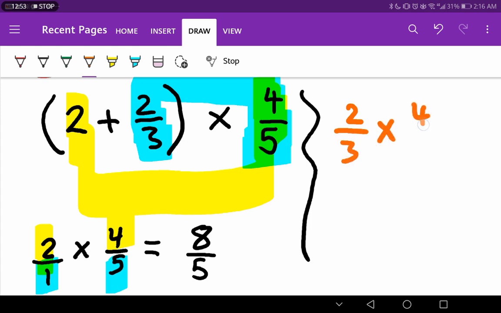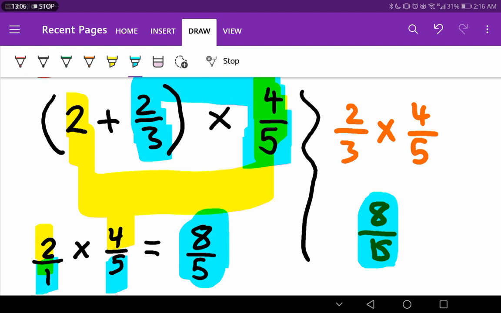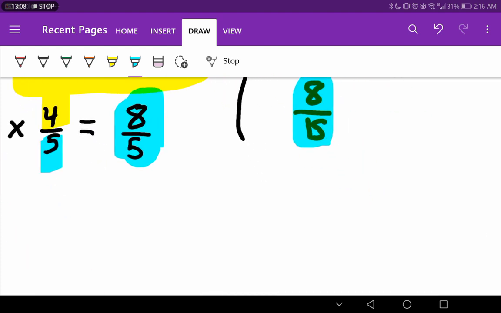Up with up, down with down, it equals 8 over 15. Now I collect this with this. So it is 8 over 5 plus 8 over 15.